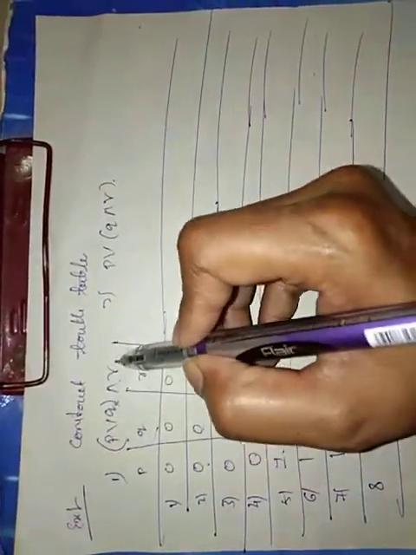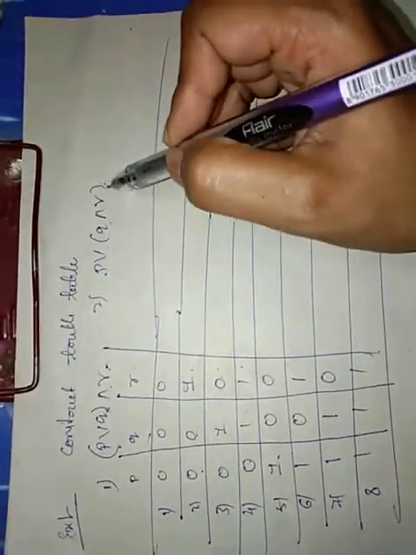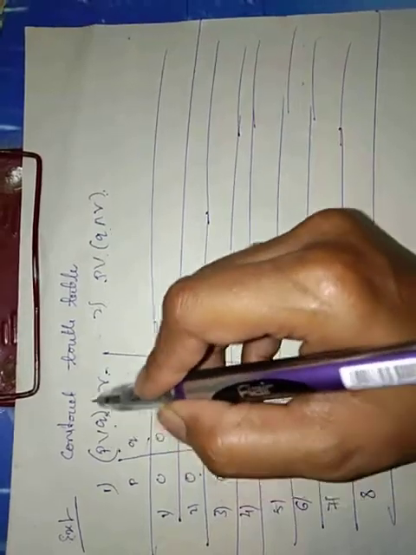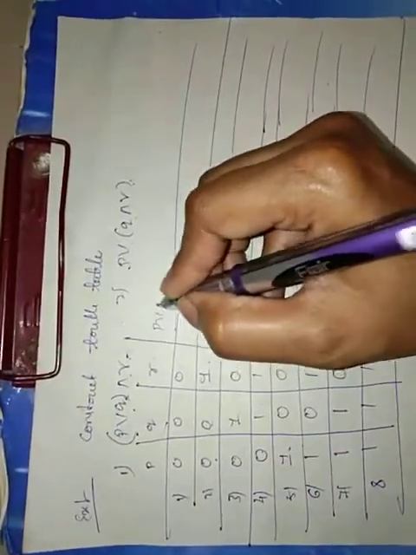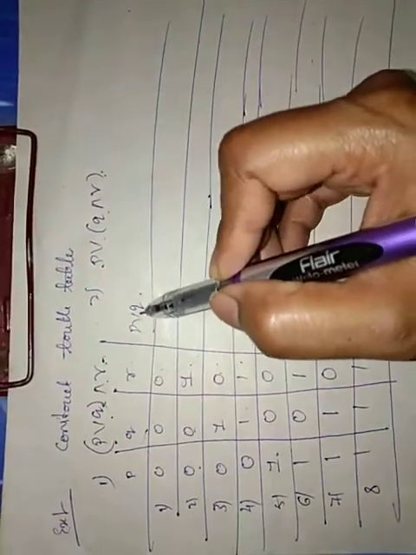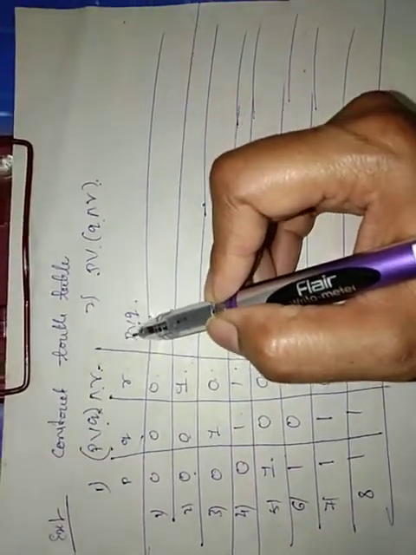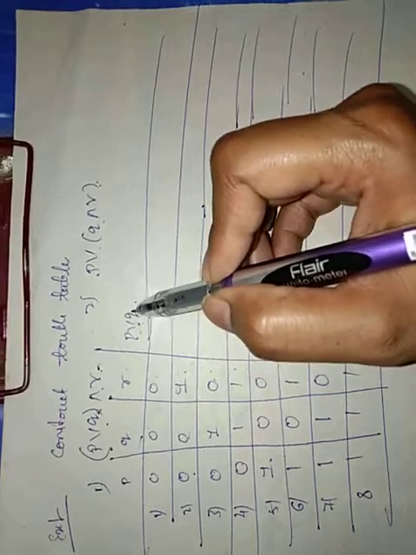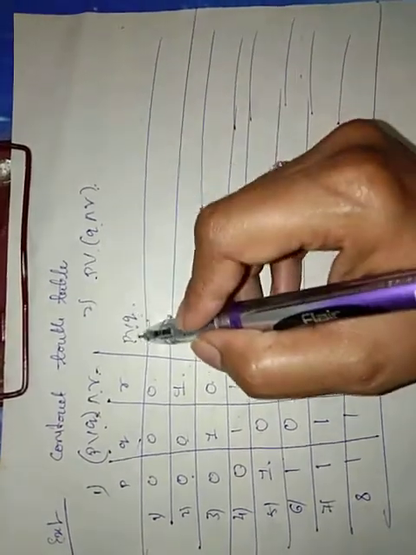So in all these possibilities, we have to construct P or Q and R. To construct the first one, we first need P or Q. The rule states that if either P is true or Q is true, then it is true. If both are true, then it is true.